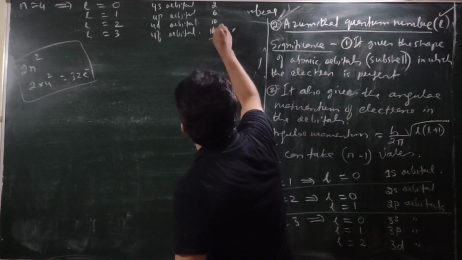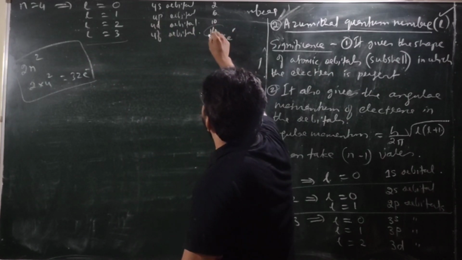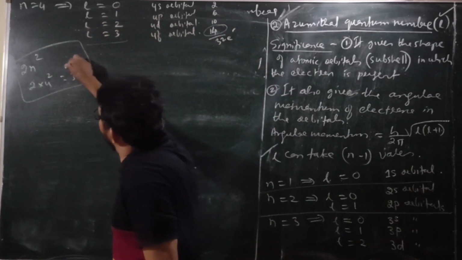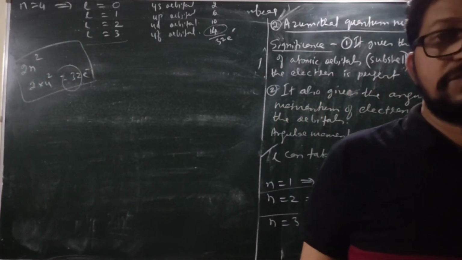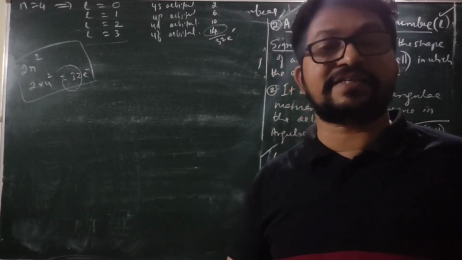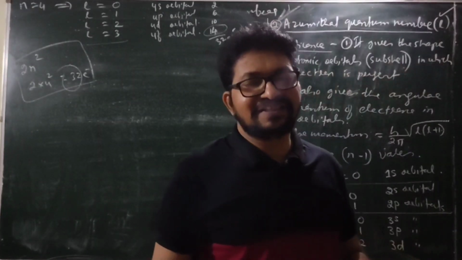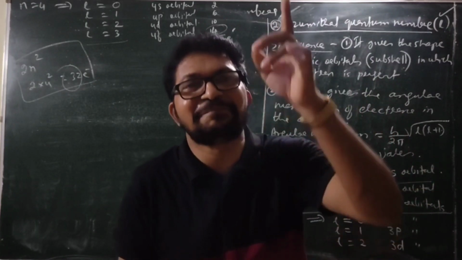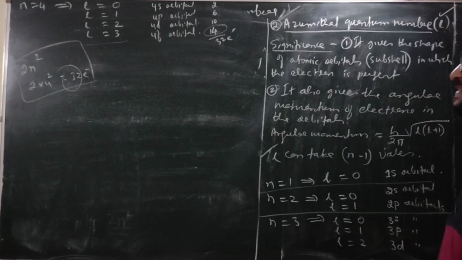Again I have a complication, because when I know that L equal to 3, I am out of 32 and now I am in 14 electrons. Again I need the next address. That is what happens, because the information to locate a particular electron is the quantum numbers.